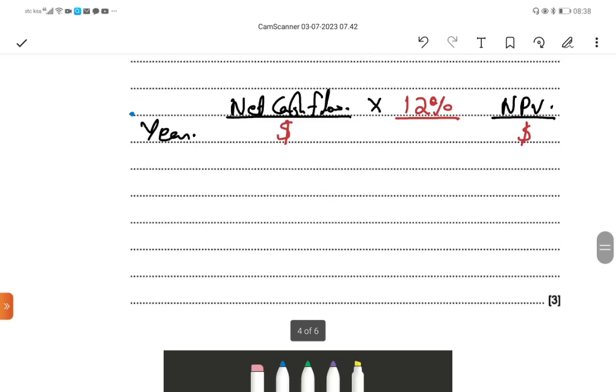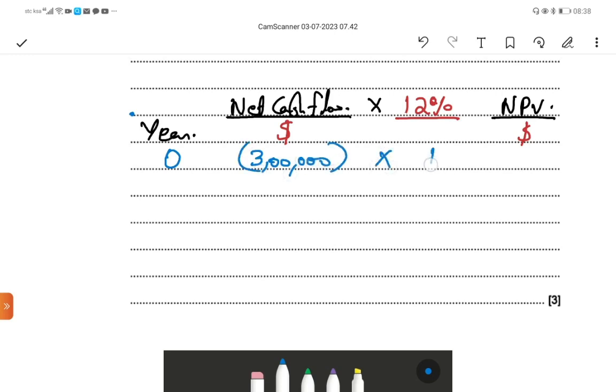So how to find it? First we do year 0, that means our investment, 300,000. The 0 year we just multiply with 1 because that is our investment, the current value.